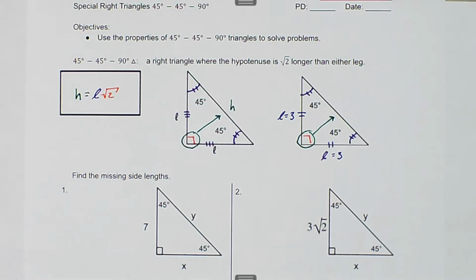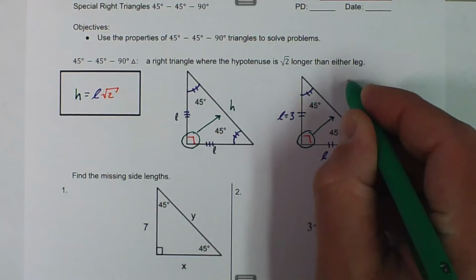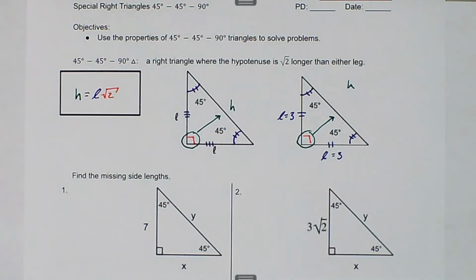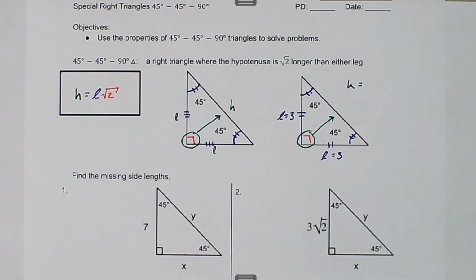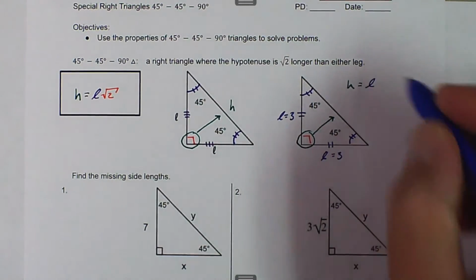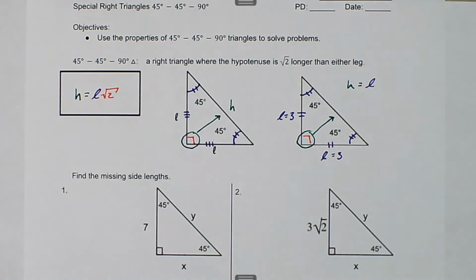So that's the equation that we have. The hypotenuse is equal to whatever the leg is multiplied by the square root of 2.